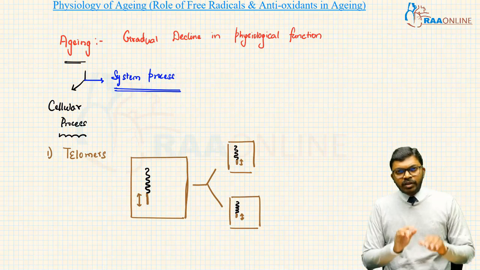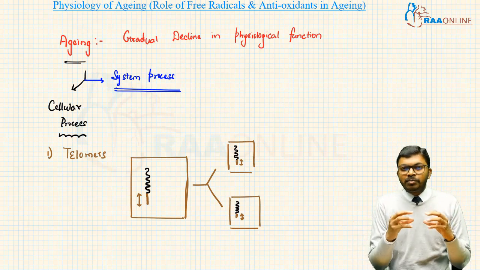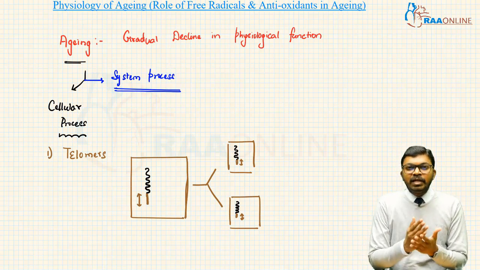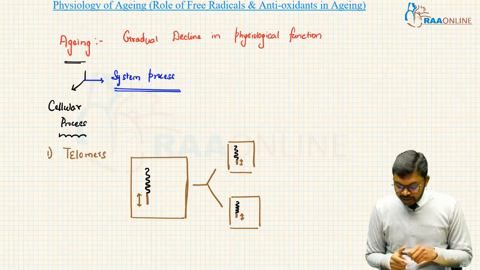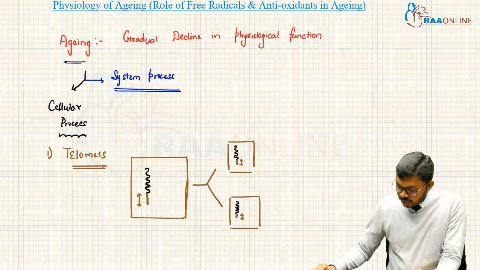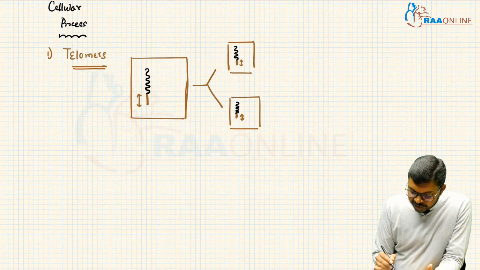At one point, when the telomeres have been exhausted, when there are no more telomeres available in a chromosome, that is the time when cell division stops. So the whole process of cell division is dependent on the length of telomeres.